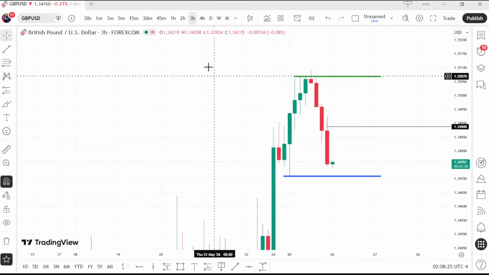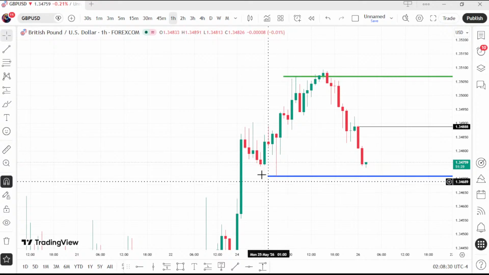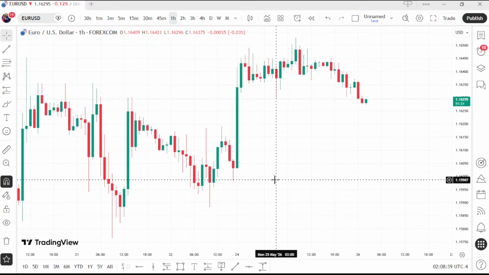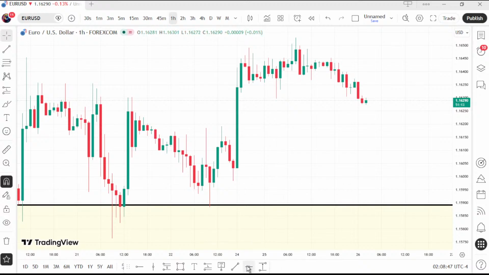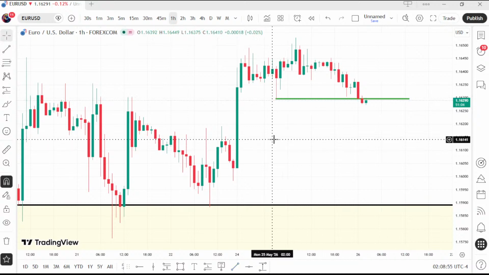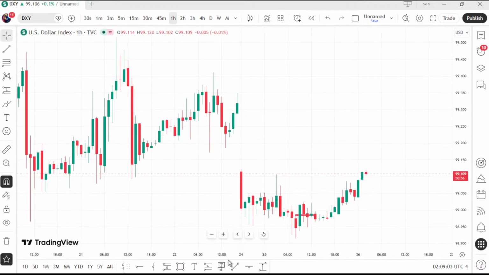Or an SMT. Let's look at the one now. That's the 3 candle on Monday at 3. See that swing low also in the euro. The DXY, see, that is an SMT.